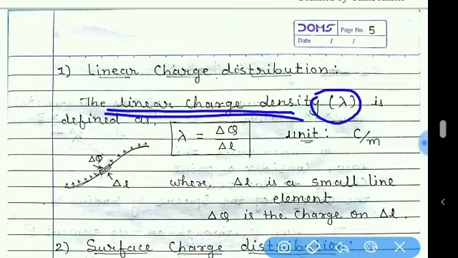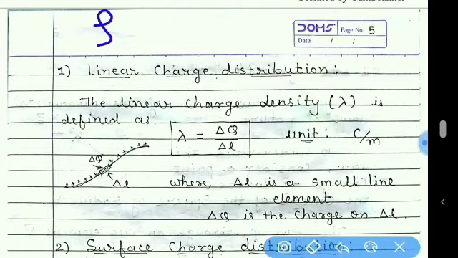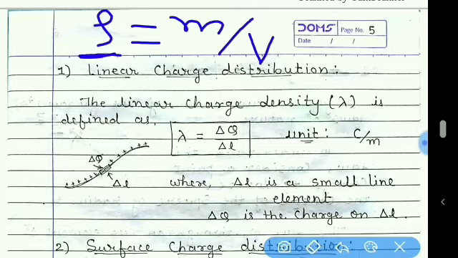Now we have earlier studied about density, but that density was about mass, and we know that it was denoted by rho. Rho is equal to mass per unit volume. So that was the density of mass, but here the density is of charge.